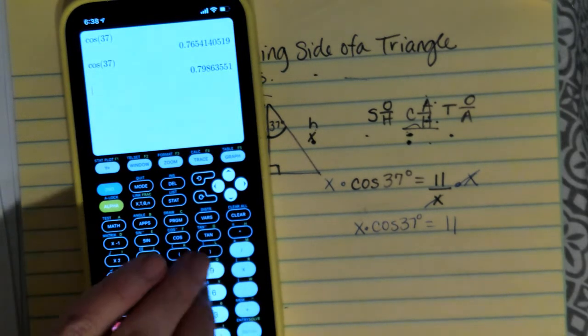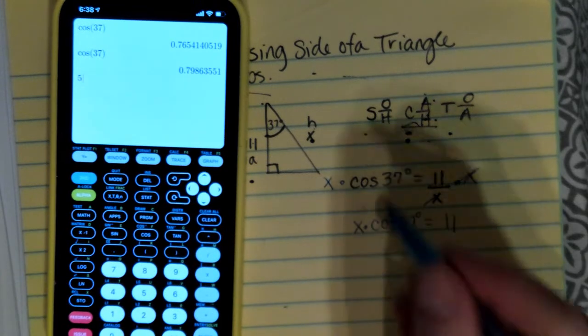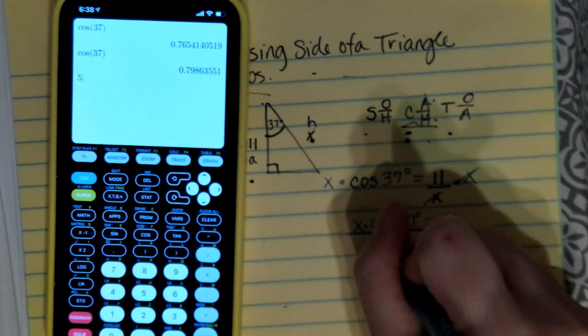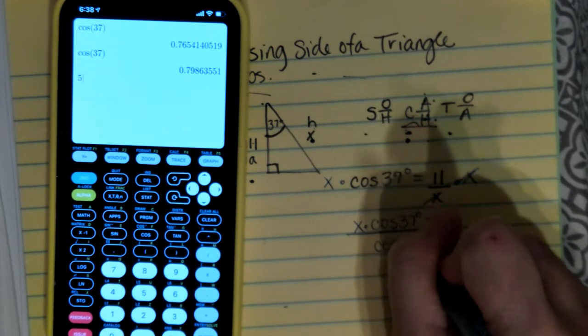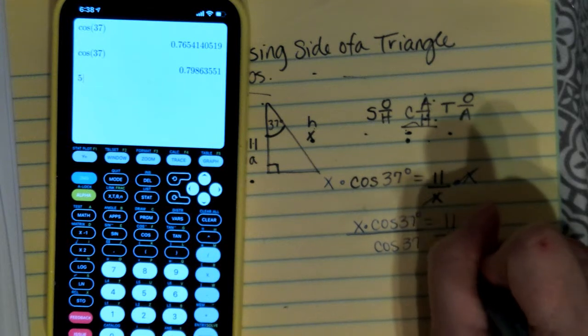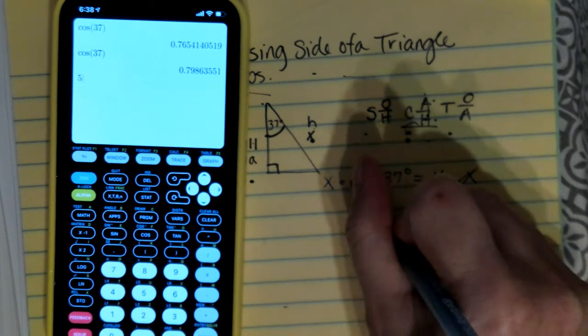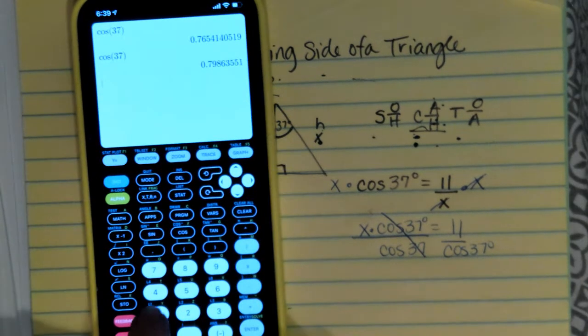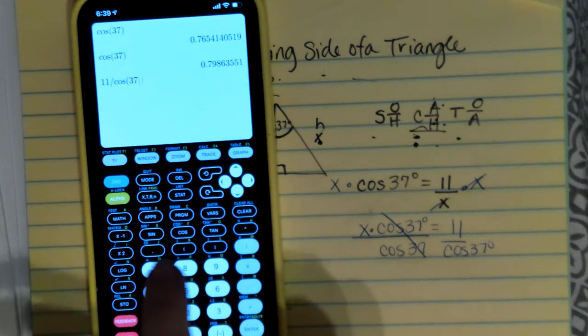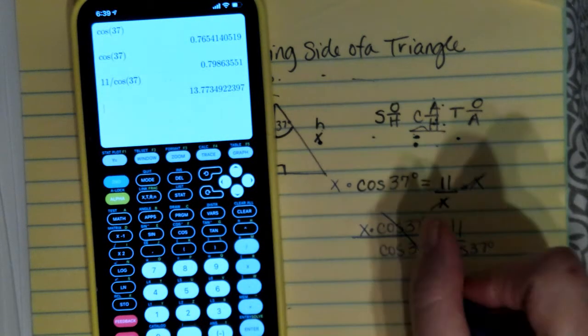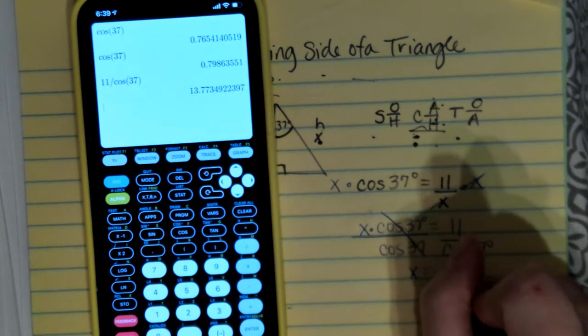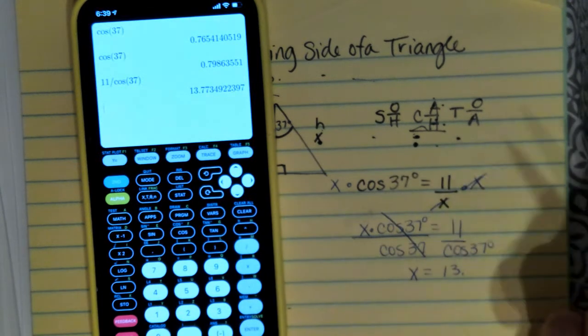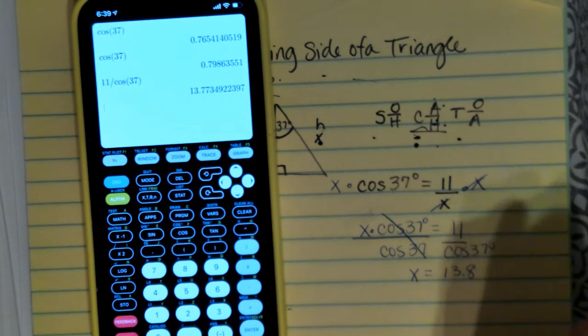And now I can solve this equation by dividing both sides by cosine of 37. So 11 divided by cosine of 37 gives me 13.773. I'm just for now going to do 1 decimal point.